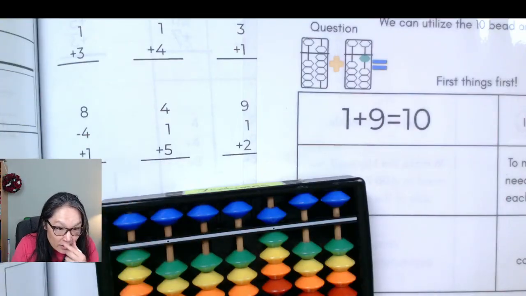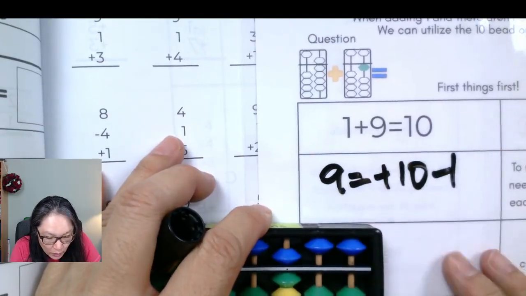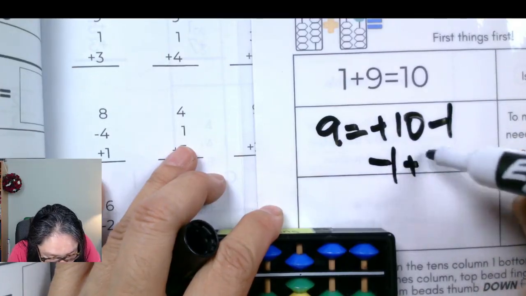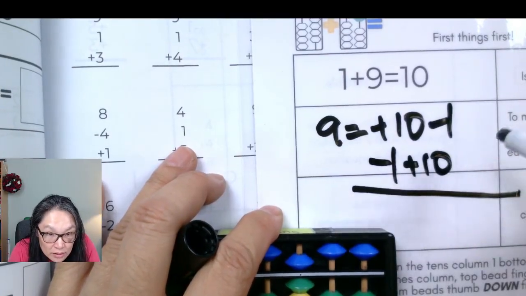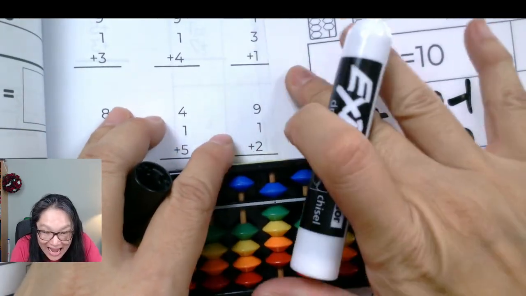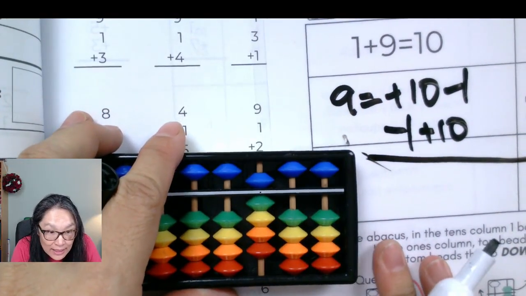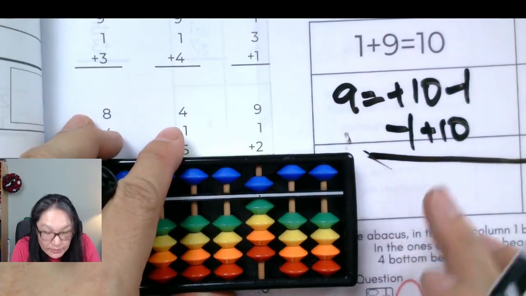Yes, thank you, Eve. Yes, thank you, Kay. It's actually 9 is equal to plus the 10 minus the 1. Or it can be minus the 1 plus the 10. It can be either one, because we're adding the 1. That's what we're trying to do. Make sense?